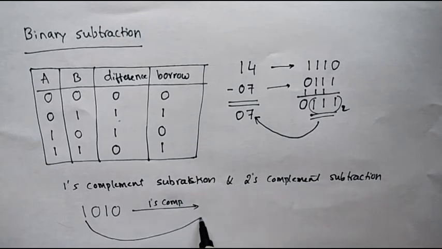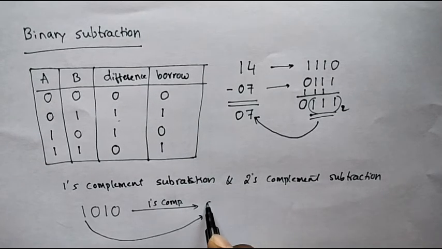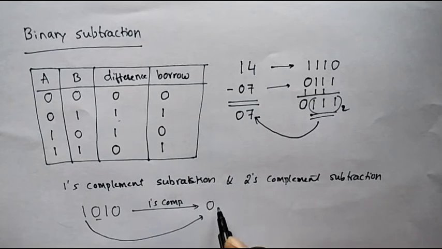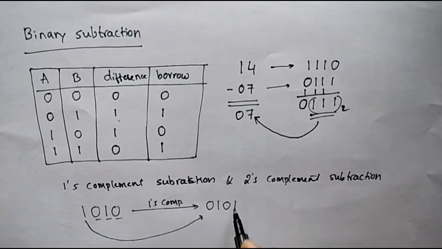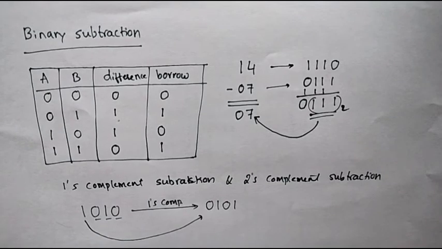That is, 0 is represented by 1, 1 by 0, 0 by 1, 1 by 0, and 0 by 1. So negating each bit of a binary number gives the 1's complement of a number. Here 0101 is the 1's complement of binary number 1010.